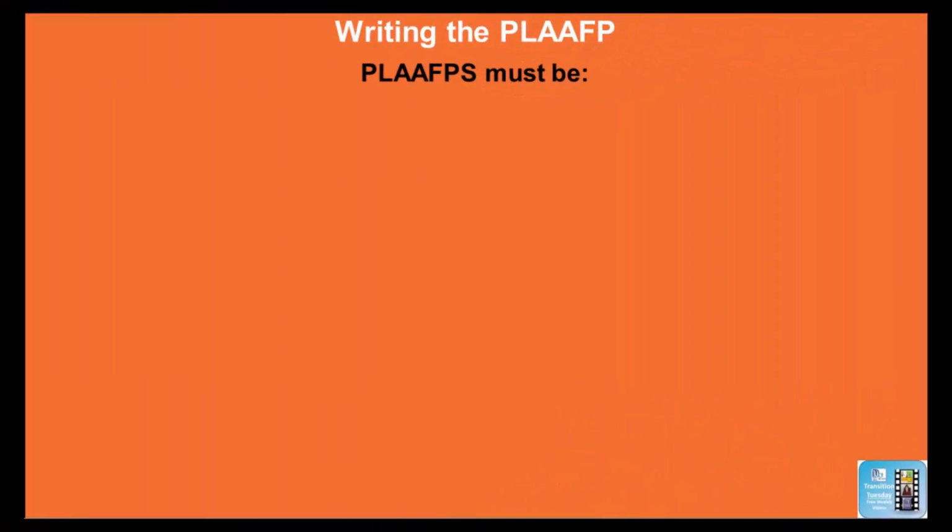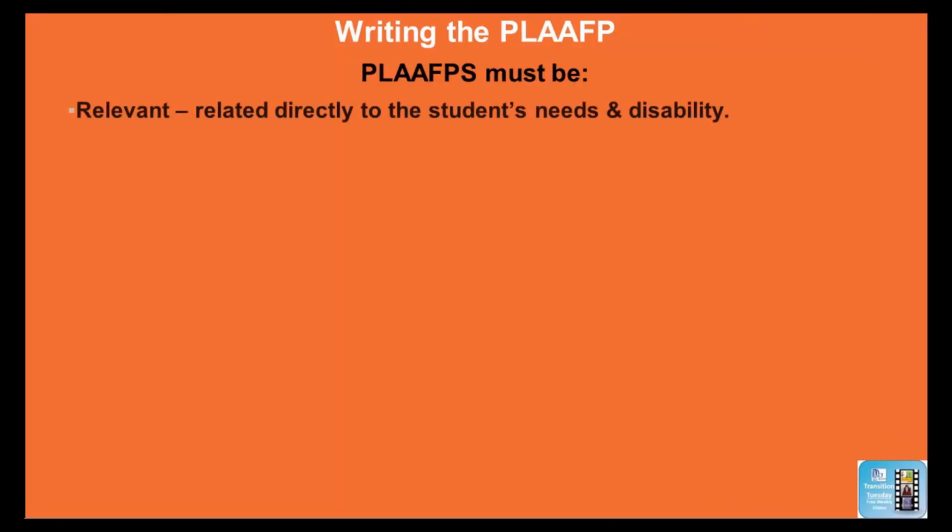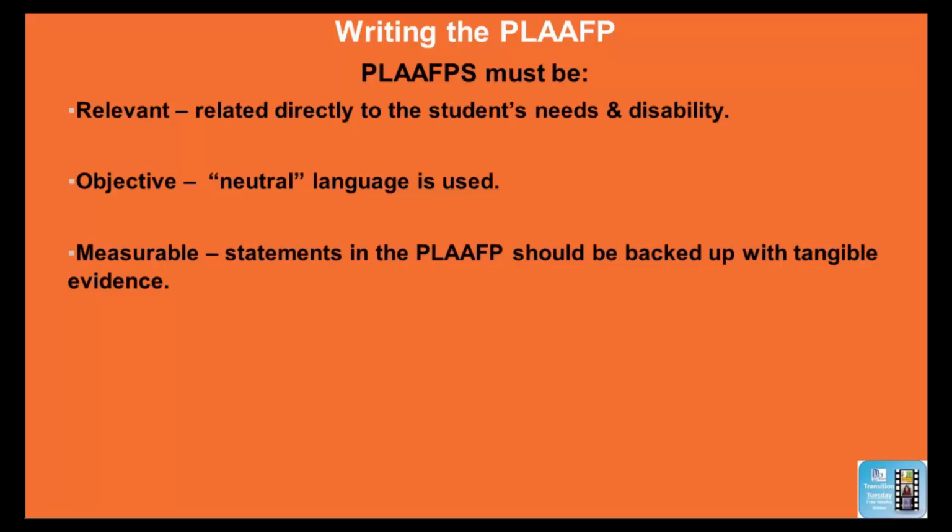When writing the PLAAPF statement, keep in mind that the information needs to be relevant, meaning it's directly related to the student's needs and disability. It needs to be objective, having neutral language. It needs to be measurable, so the statements in the PLAAPF should be backed up with tangible evidence, which means data-driven.